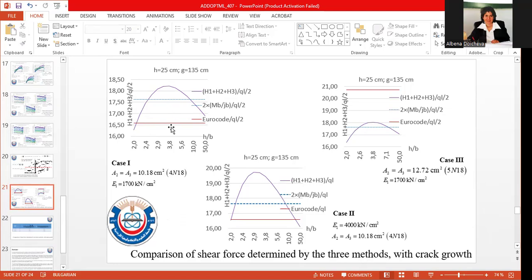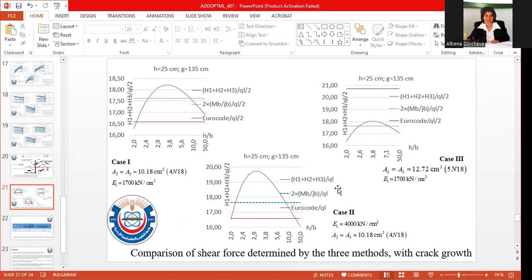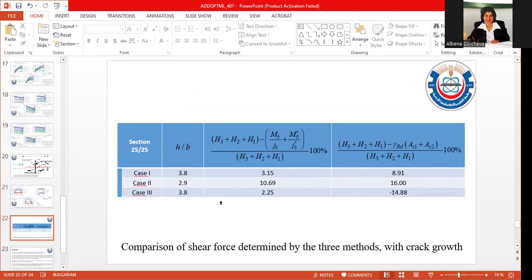The bigger magnitude of shear force in this data we have when we use the high strength concrete on case 2. Comparison of shear force determined by the three methods is possible to see in the table.